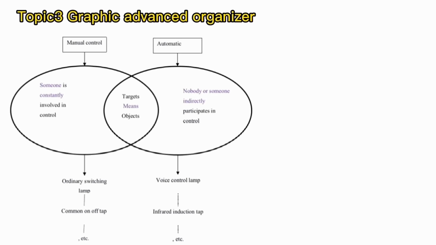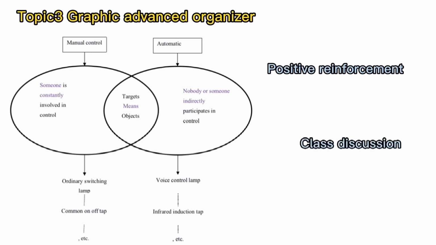In this mode, the teacher utilizes positive reinforcement from behaviorism to help students build confidence. Set up a class discussion in constructivism that promotes students to think about the future.